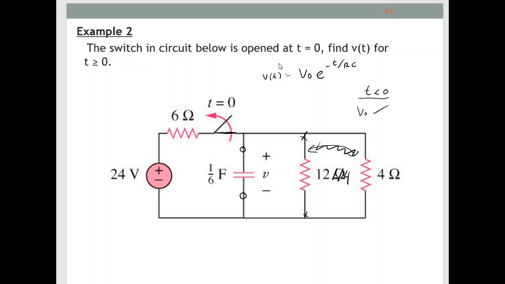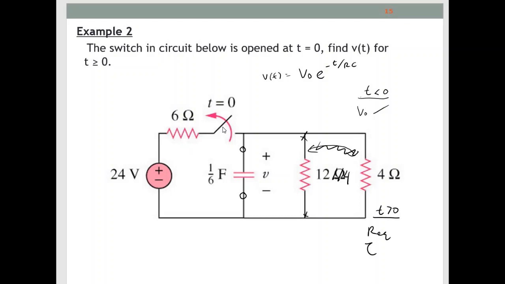So settle for this one and analyze the circuit when t more than 0. When t more than 0, what you need to do is disconnect this line, because according to this statement, the switch is switched off when t more than 0. At this condition, the capacitor here will supply the voltage, and here you are required to find the R equivalent, because you need to find the tau.